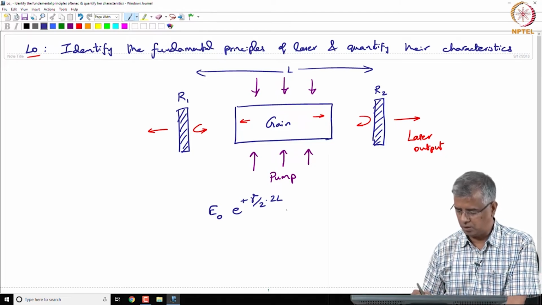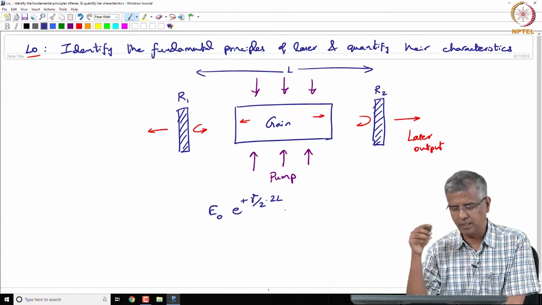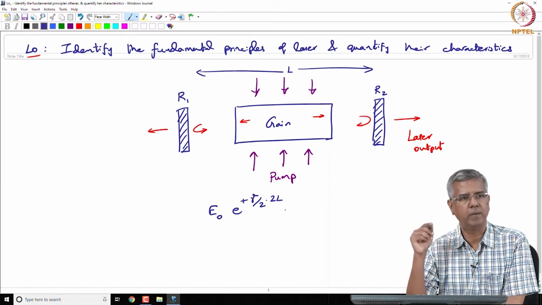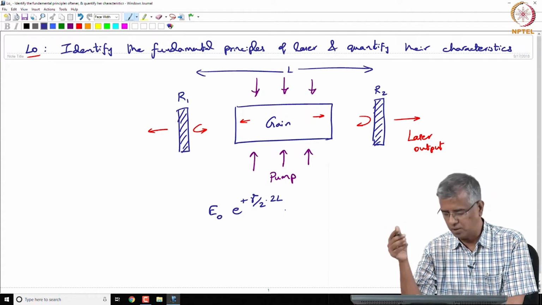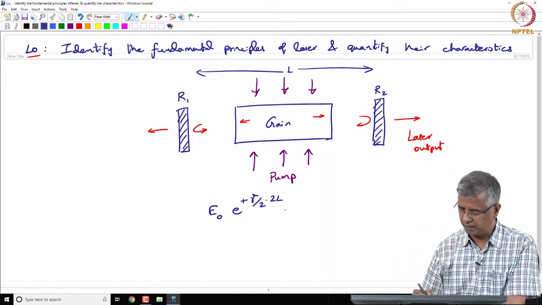When light is propagating through this medium, there could be some scattering centers, there could be some spurious absorption centers. There are certain ways that you can lose photons within the cavity.